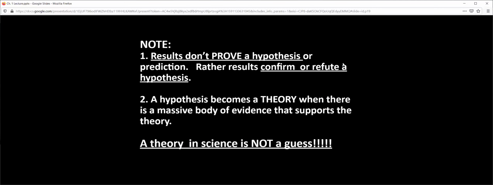Couple things again to beat this idea into your head. Results don't prove hypotheses or predictions. They confirm or refute them. They don't prove anything. Technically, in science, you should never say prove, because there's no 100% certainty in science.